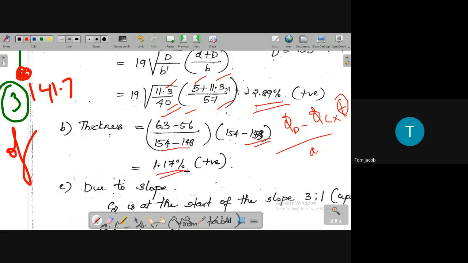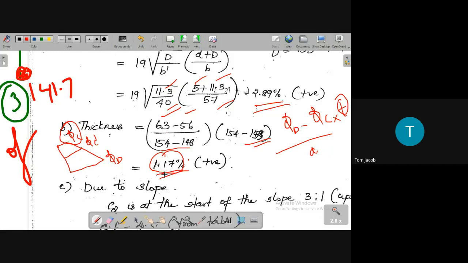So that is equal to 1.17. That is positive. This is 5D, this is 5C, and this is 5C dash. So this 5C dash is greater than 5C. So the correction obtained, 1.17, should be added with 5C. Therefore, it is taken positive.